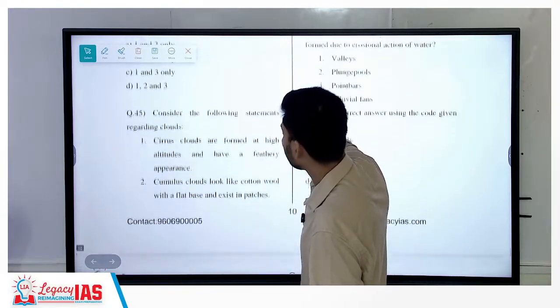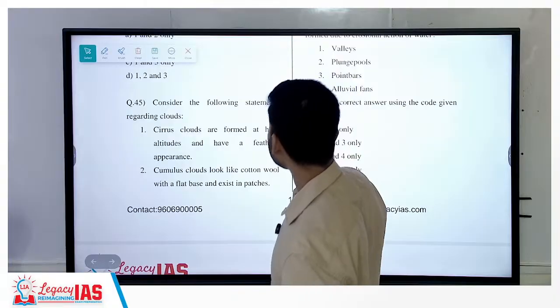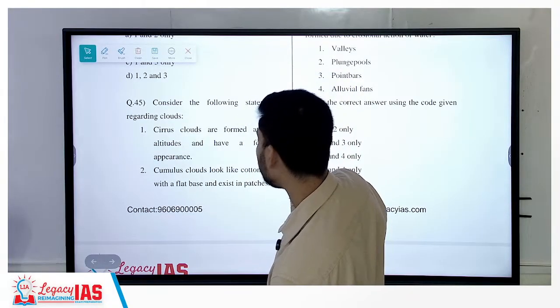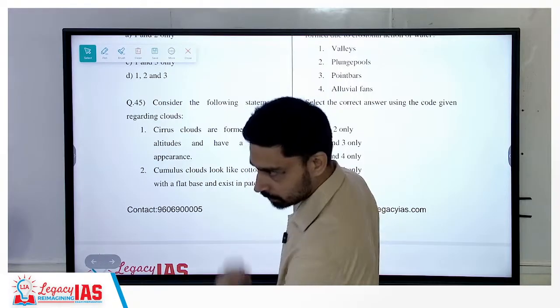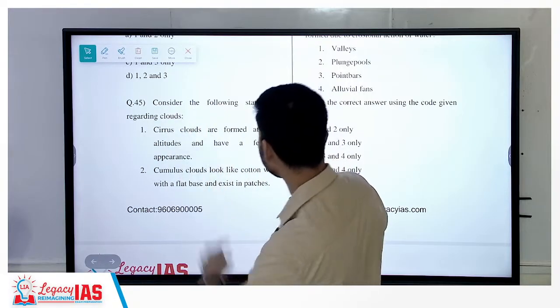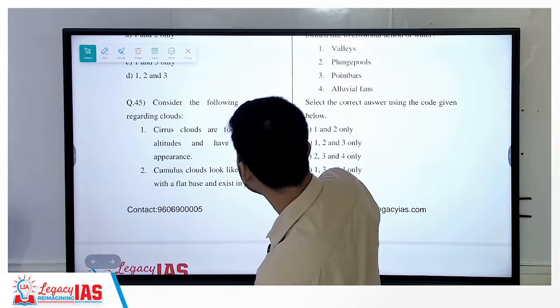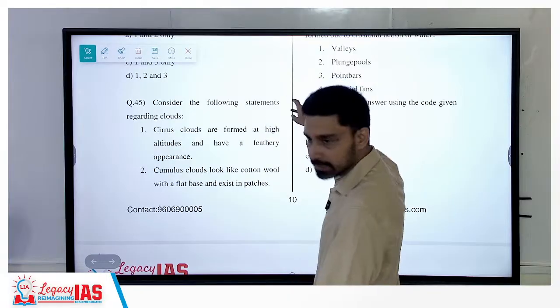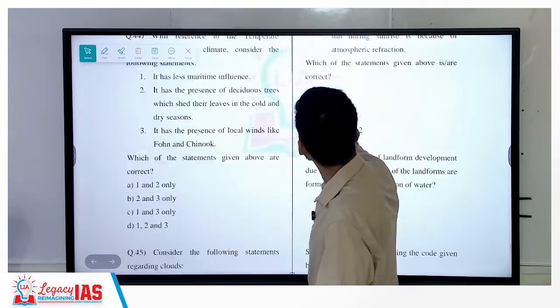Deciduous trees are not found here. Then cloud. Cirrus clouds are formed at high altitude and have feathery appearance. Okay, high altitude feathery appearance, right? Where are they found? High altitude cloud, beyond 6 km of range we have discussed. Cumulus clouds look like cotton wool with a flat base and exist in patches. Okay, this is also true, we have talked about it.